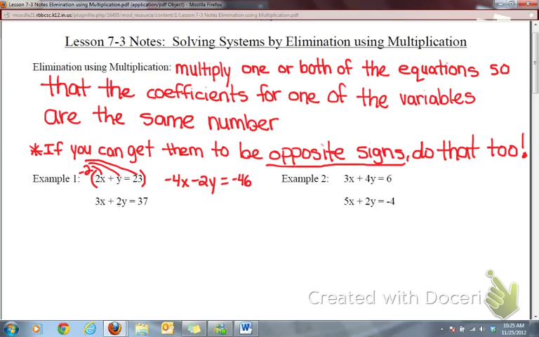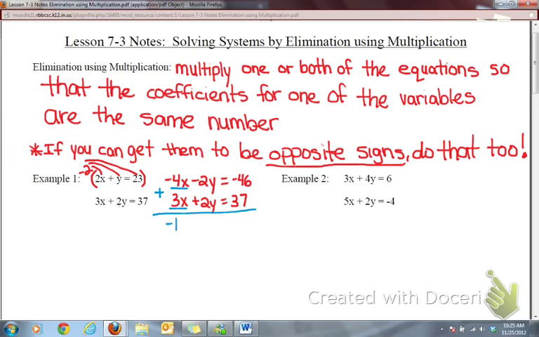And then I just rewrite the second equation, 3x plus 2y equals 37. Then I go back to the lesson that we just learned, lesson 7-2, because now the coefficients are the same on the y's, and so now I can add the equations together and the y's will go away. But the x's don't, and that's a good thing because we're going to figure out what x equals. This is negative 4x plus 3x.